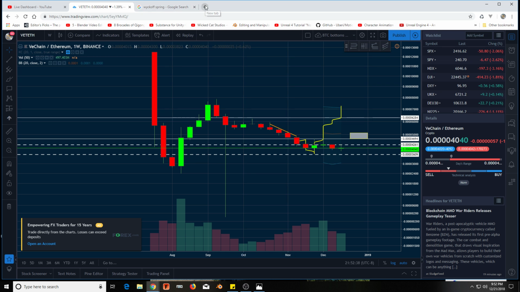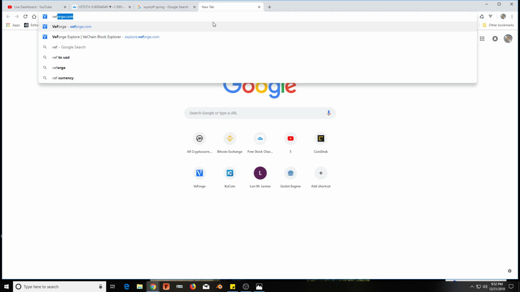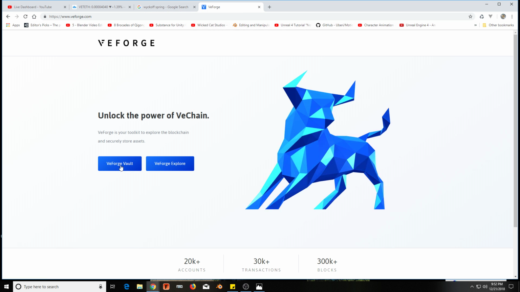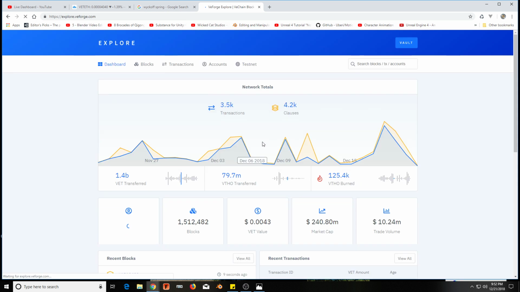And as we looked at in the video I had yesterday at VeForge, where we can actually look at the transactions, the 18th and 19th: 1.1 million on the 19th, 1.4 million VTHO burned, and then the 20th, a little over 500,000, and today's just starting.